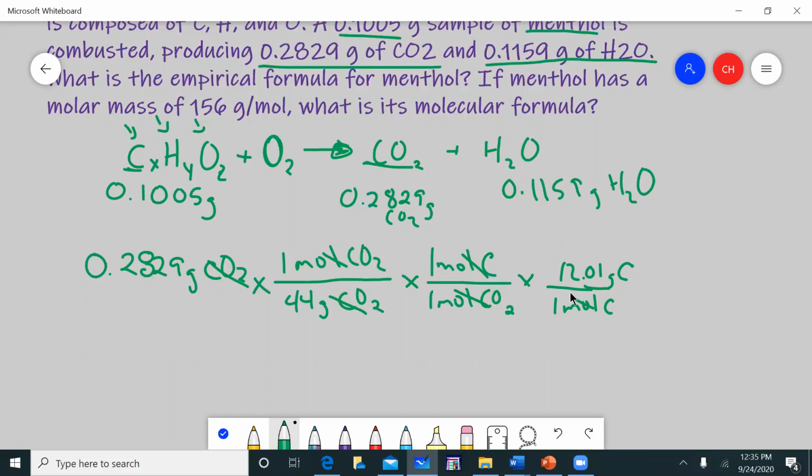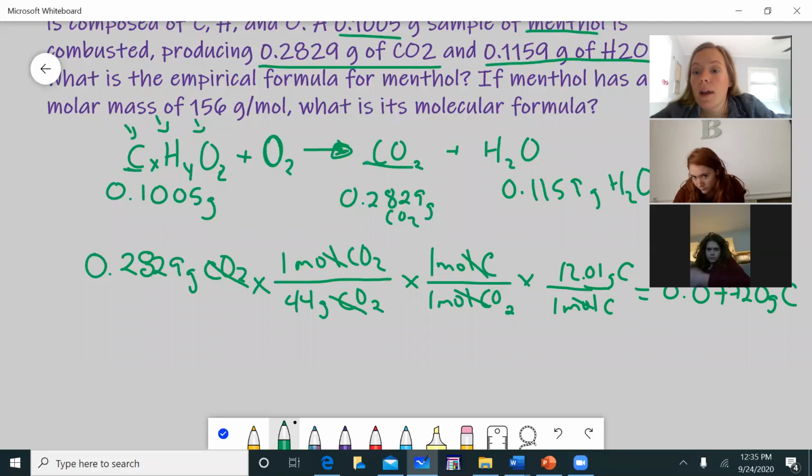So when we plug this all in, we should end up with 0.07720 grams of carbon. So we've found out how many grams of carbon we have. That's getting us closer to solving the empirical formula.